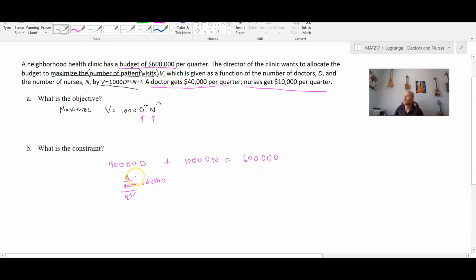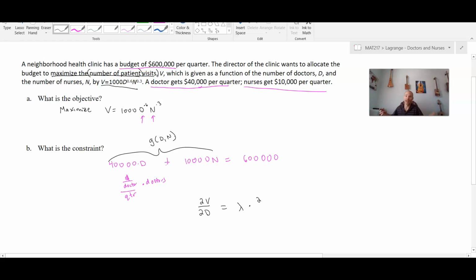In this case, we want to make sure that the partial derivatives of V, so we'll have one with respect to D and one with respect to N, is equal to lambda times the partial derivatives of this with respect to D and N. So in other words, we want the partial of V with respect to D to equal lambda times the partial of, in this case, we'll refer to this thing as G of D and N. And so remember, we would call this f of x, y and we would call this g of x, y.